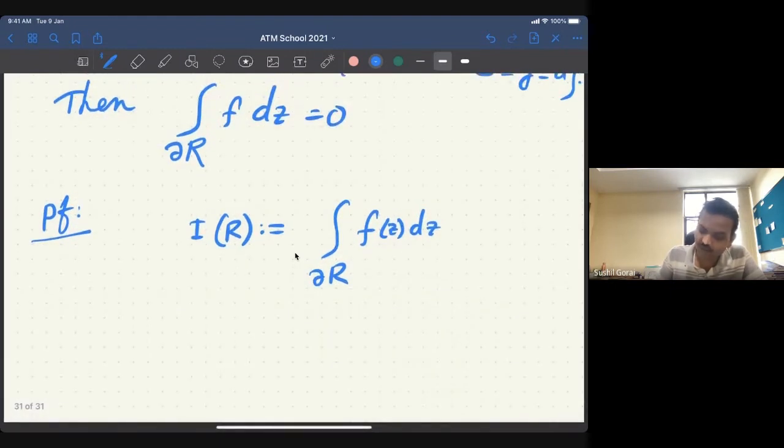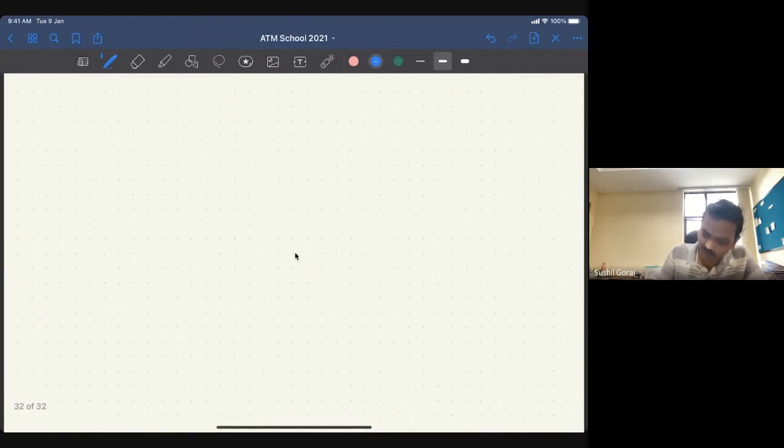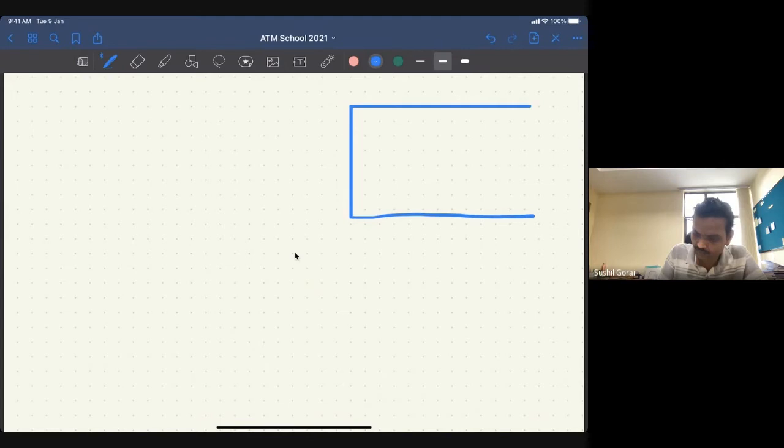Now, let's go to the next page. Let me draw the rectangle again. What we would like to do is divide this into 4 rectangles.